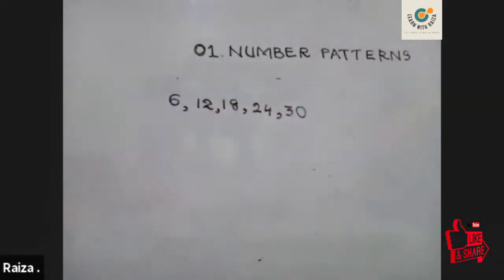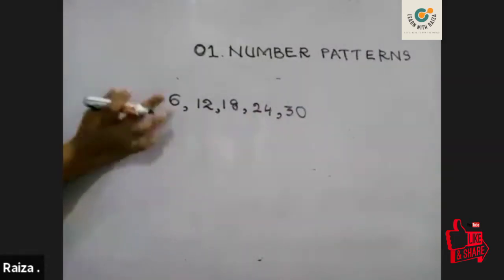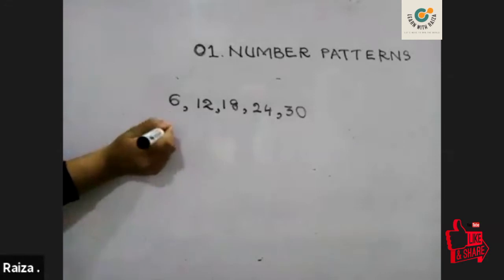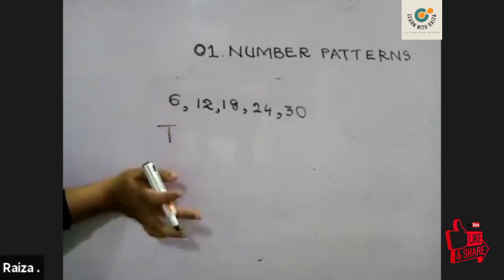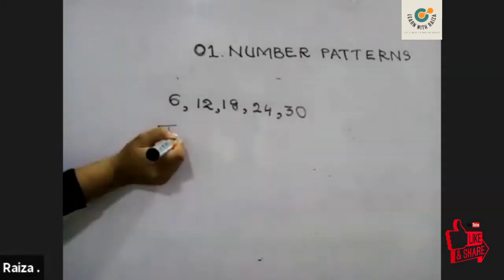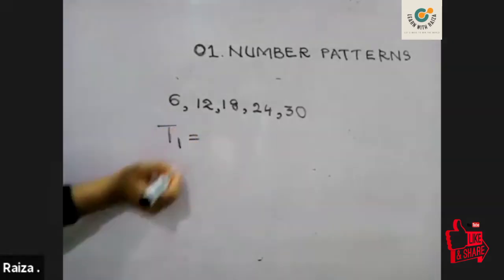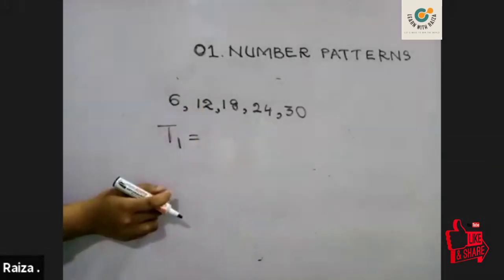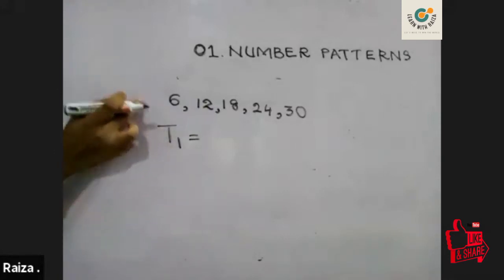The 6 times table, or we can say the first 5 multiples of 6. Now you can understand how we have obtained these terms, right? We'll make the general term, but before that, let's see how each term is formed. The first term is a multiple of 6.